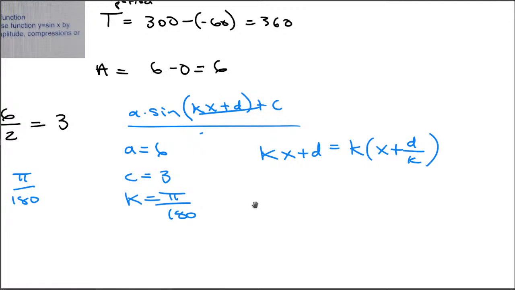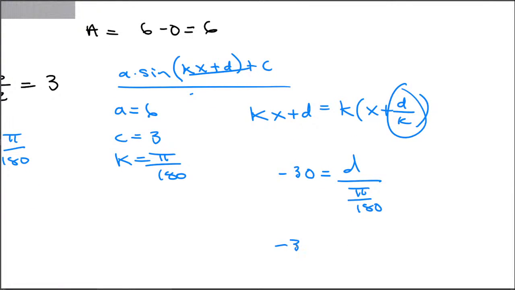So this number should be negative 30. So negative 30, which is a shift to the right, is equal to d over k, but then we found k was pi over 180. So let me simplify some things here. So negative 30 equals, we're dividing by this thing, so I'll multiply by the reciprocal, so it'll be d times 180 over pi.